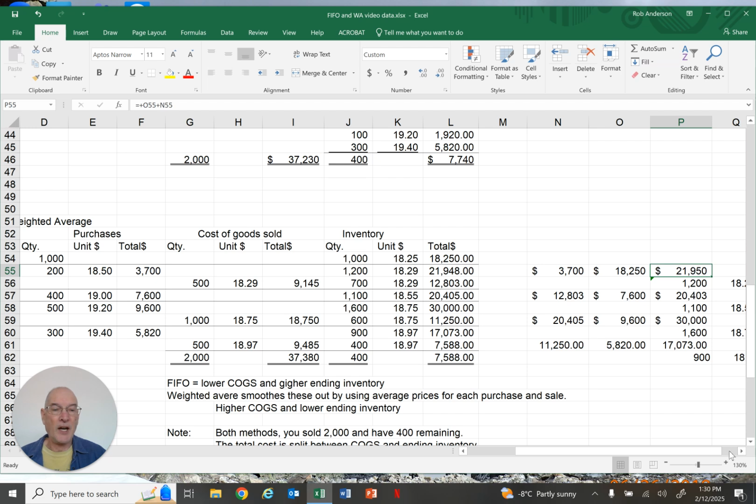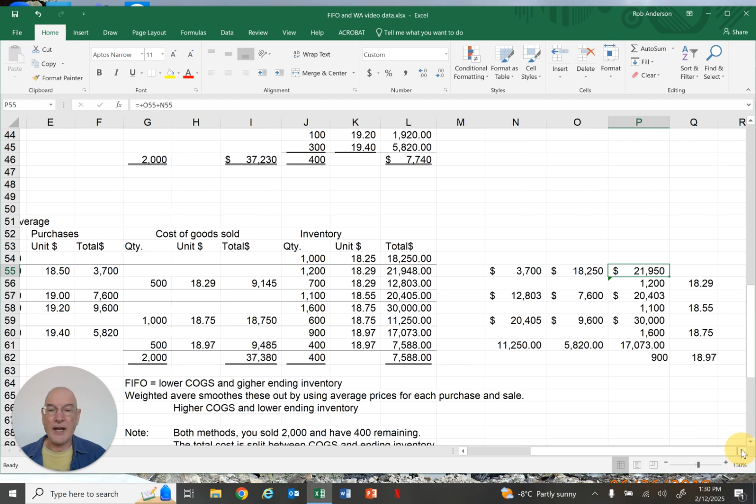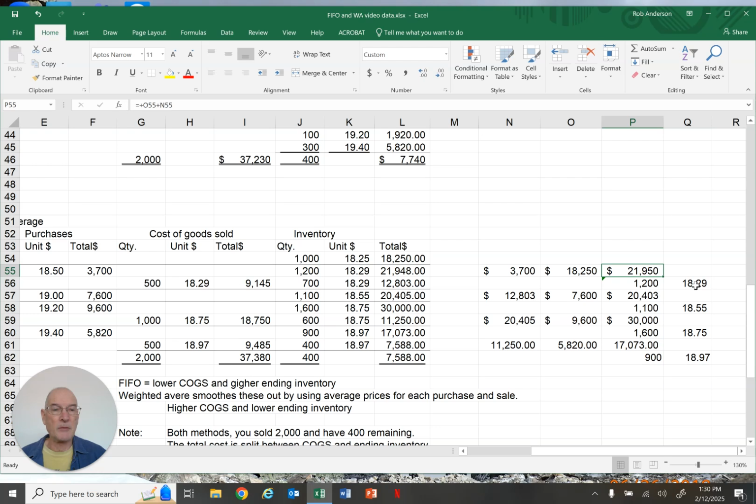So we're going to divide to find the average price per unit, which becomes $18.29 average price per unit. So here, unlike FIFO, where we list each item, each price individually, we can just write 1,200 units at $18.29, our average price, and put in our amount.